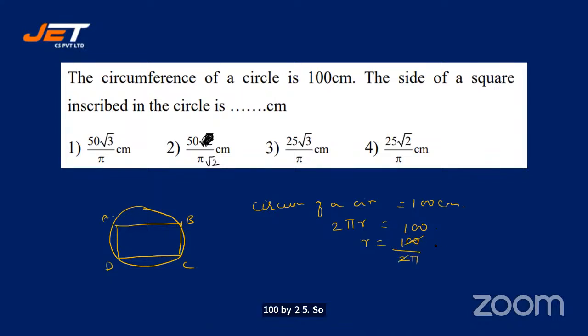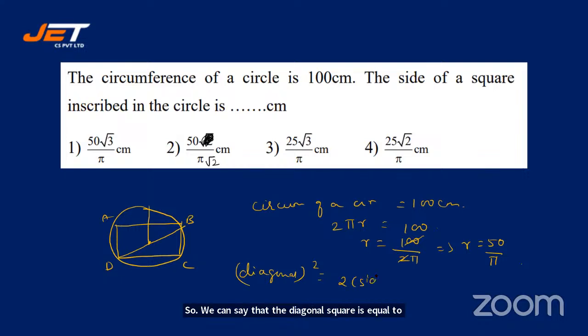So 2 and 100 will go as 50 by pi. All right, so now what is it you need to find out? This diagonal. Okay, this is the center. So we can say that the diagonal square is equal to 2 into side square.